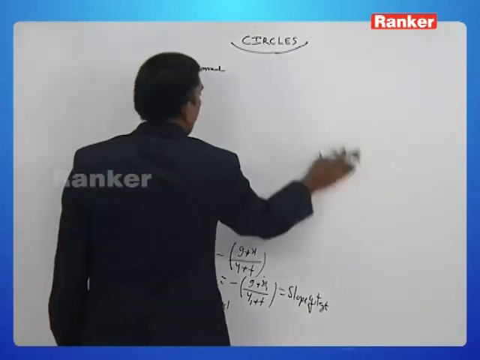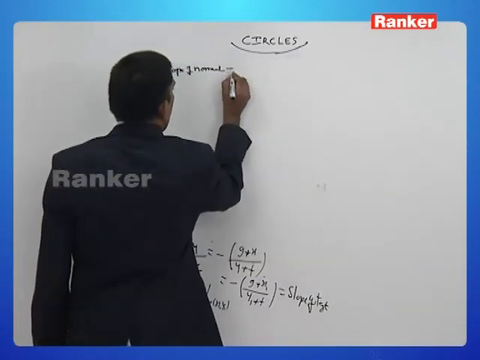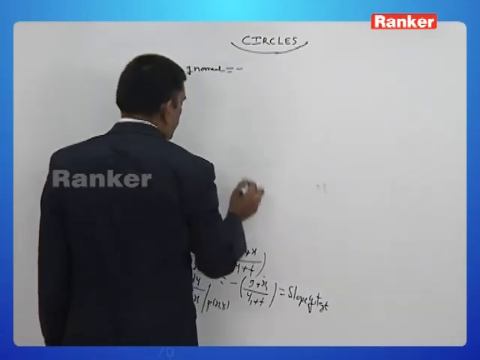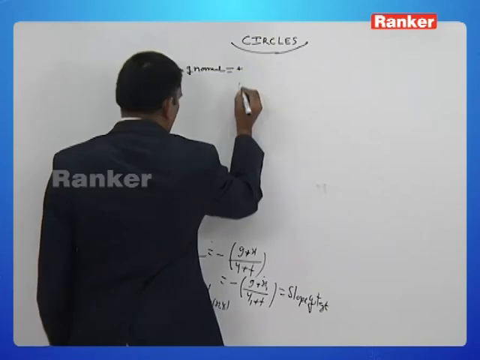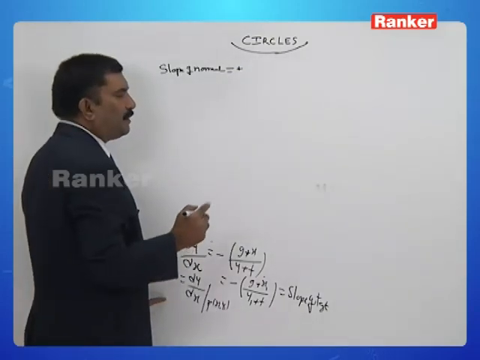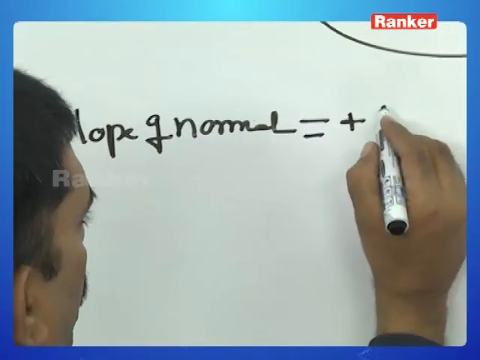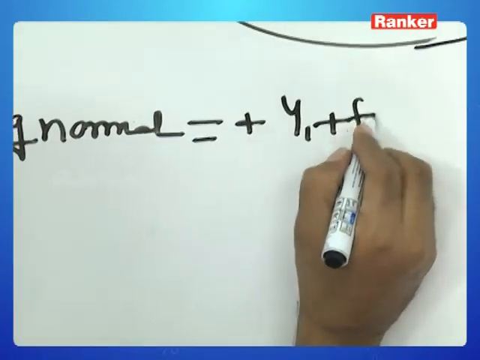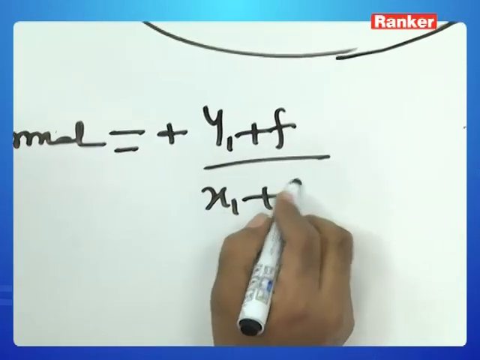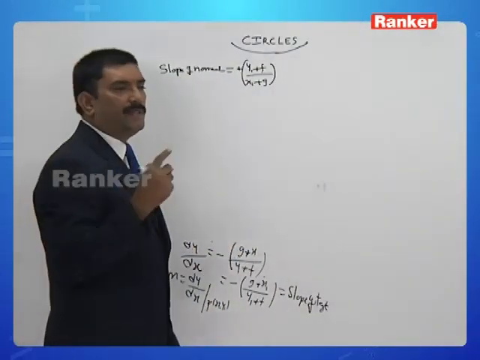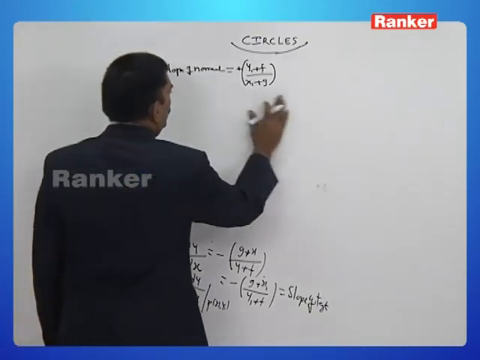When the slope of the tangent is m, slope of normal is minus 1 by m. Already minus is there, therefore this becomes y1 plus f by x1 plus g. So therefore this is the slope of the normal.